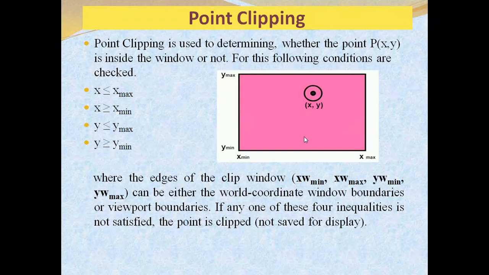If x is greater than or equal to x min and less than or equal to x max, and y is greater than or equal to y min and less than or equal to y max, then we must say the point is on the viewport and is not required to be clipped. If the condition is not satisfied, we must clip the point.